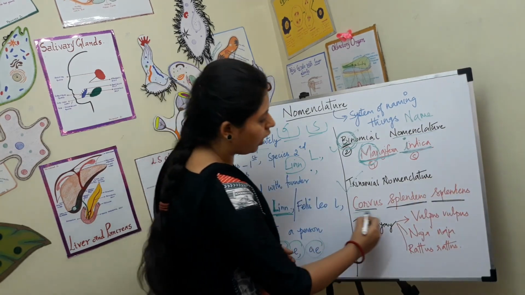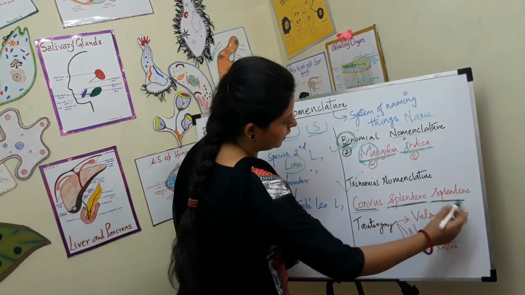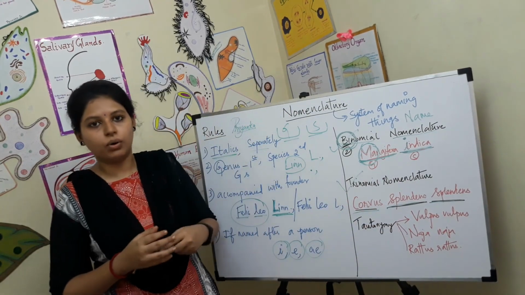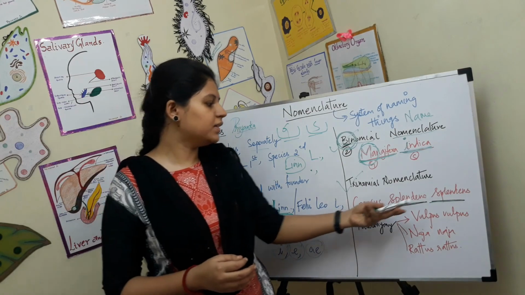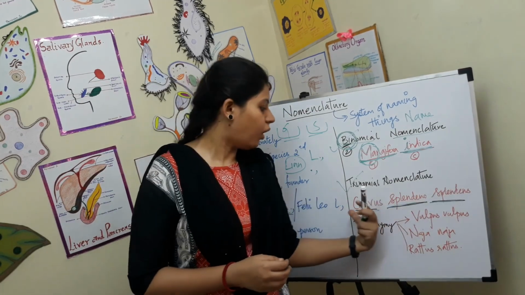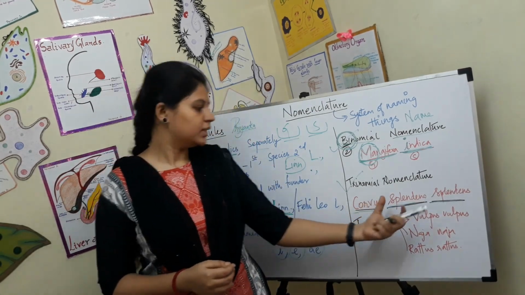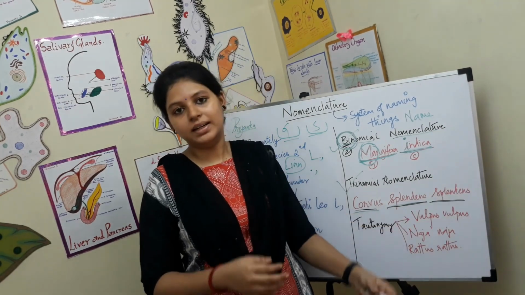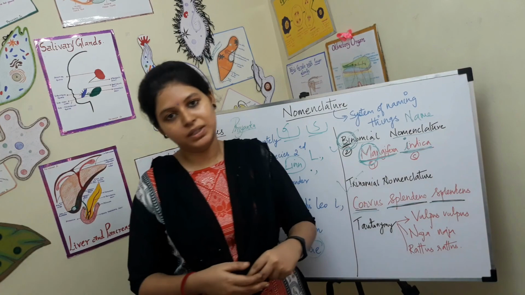So Corvus splendens, the name for the house crow, the normal crow. Corvus is the generic name, splendens is the species name, and again one more, splendens is the subspecies name.